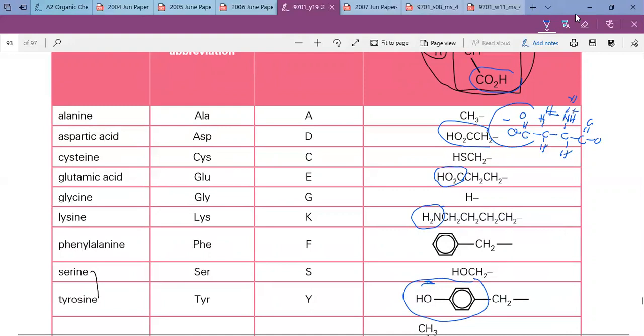So the overall charge at pH 7 is what? Minus 1, yes. And lysine here. You will join to the C and your H here.